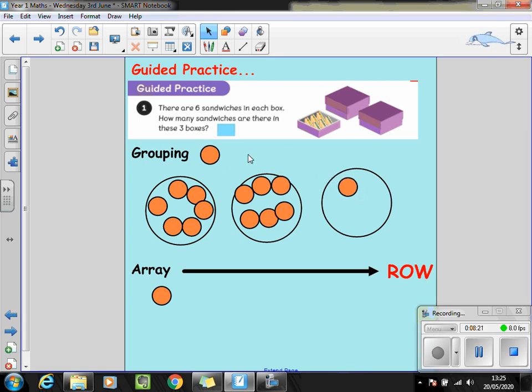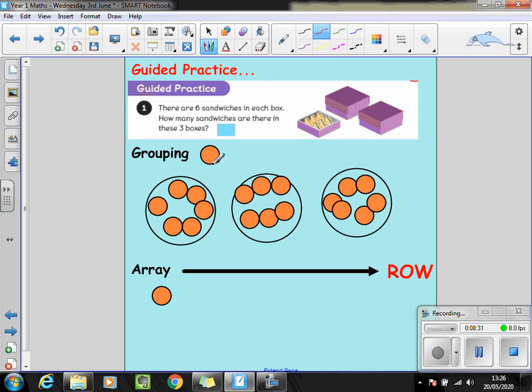And my third box has exactly the same, 6 sandwiches. 2, 3, 4, 5, 6. 6 sandwiches in my first box, 6 sandwiches in my second box, 6 sandwiches in my third box. 3 equal groups of 6.